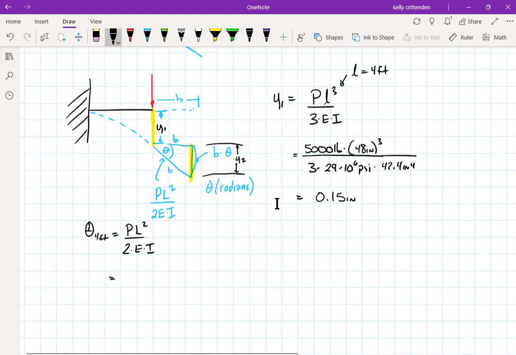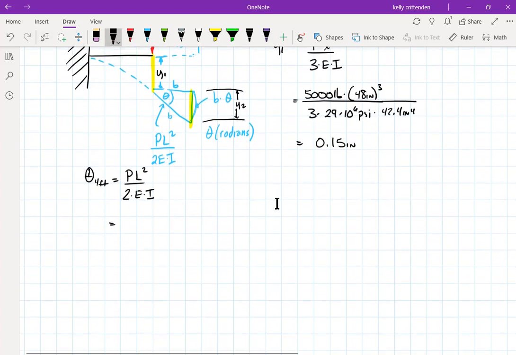So P is the 5,000 again. L is the 48 inches again, squared, over 2 times 29 million PSI and 42.4 inches to the fourth.